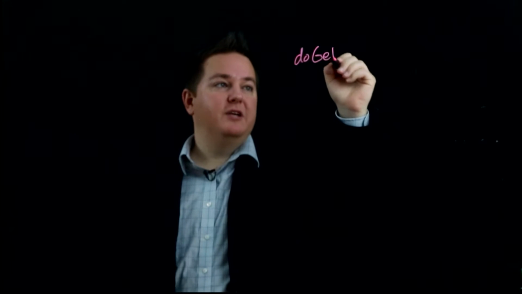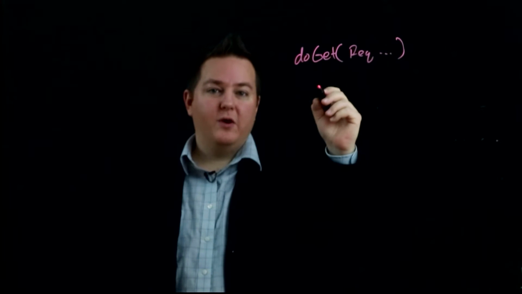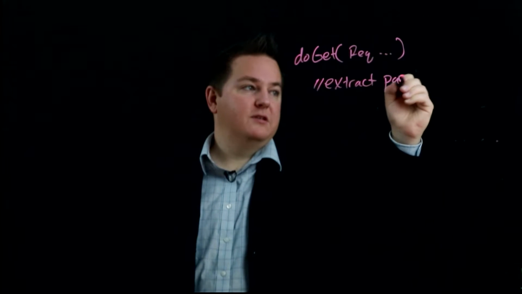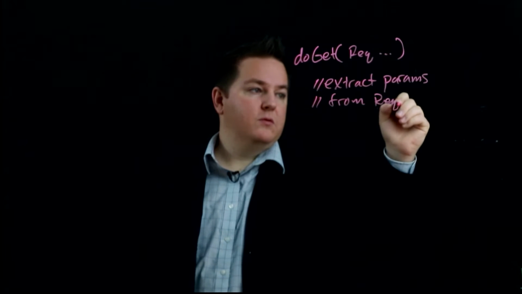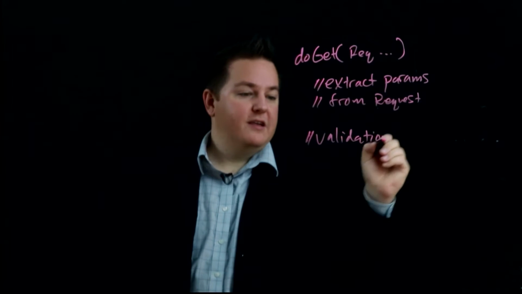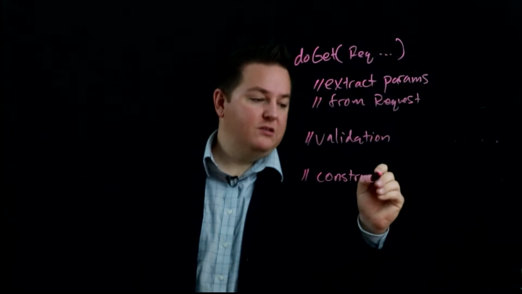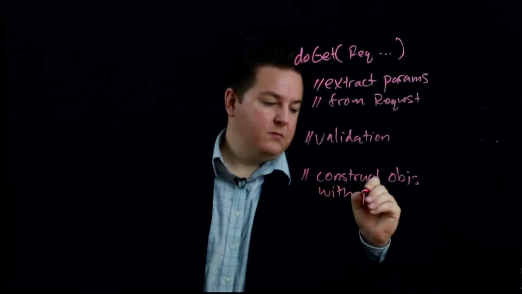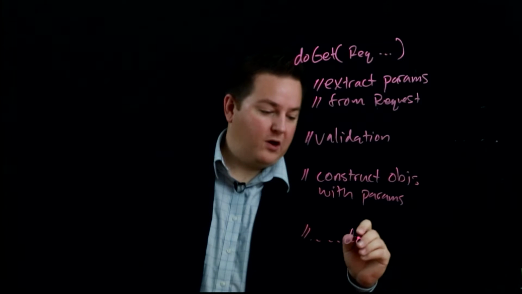So we'll typically have doGet, we'll have some request object, and then in our request object we will extract information or params from the request, and then we'll do validation on those parameters, and then we'll probably construct some Java objects that use those params, and then finally we actually get to do some work.